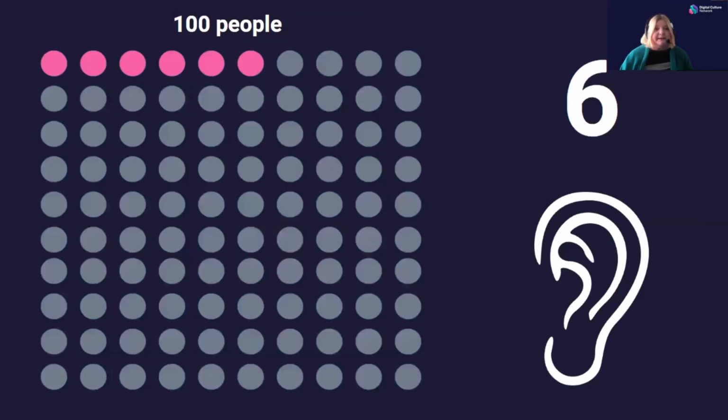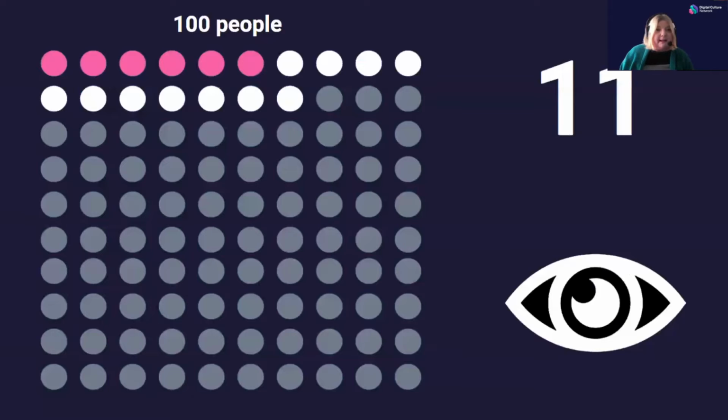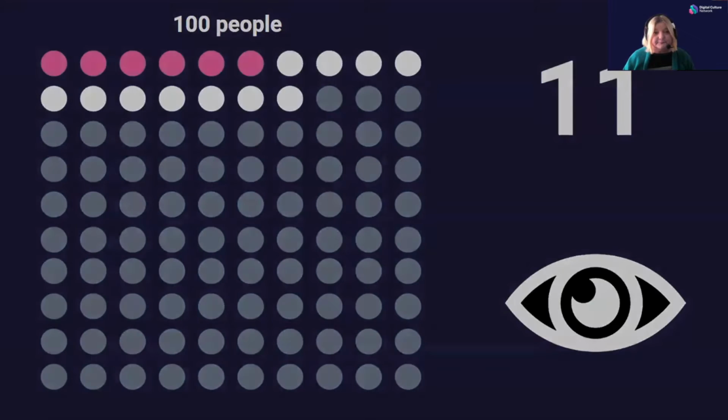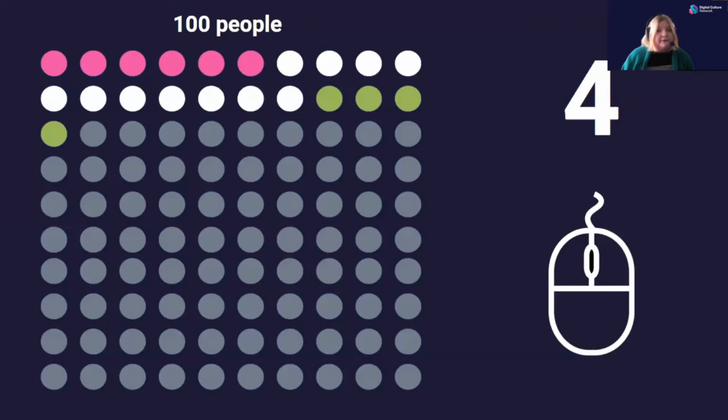Let's break this down a bit. Typically, out of 100 people, 6 of them might have difficulty hearing. 11 of them might have difficulty reading or even seeing to varying degrees. 4 of them might have difficulty using a mouse.